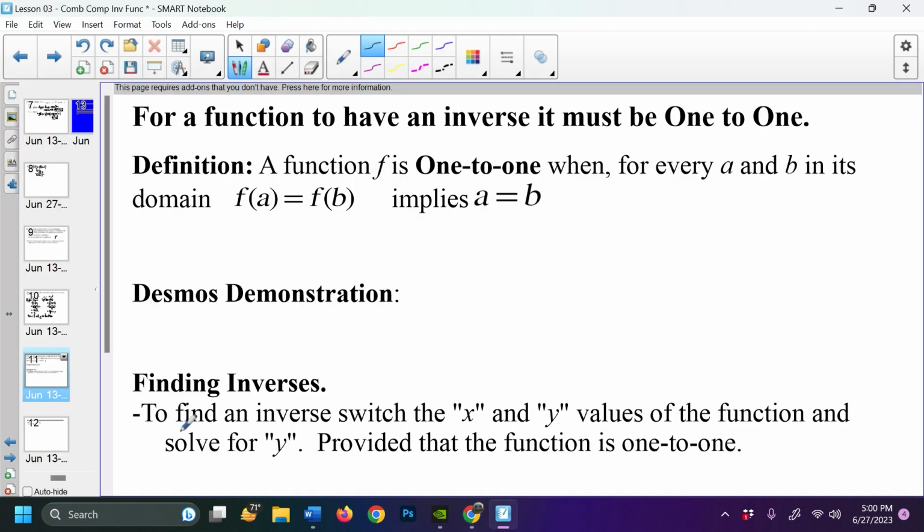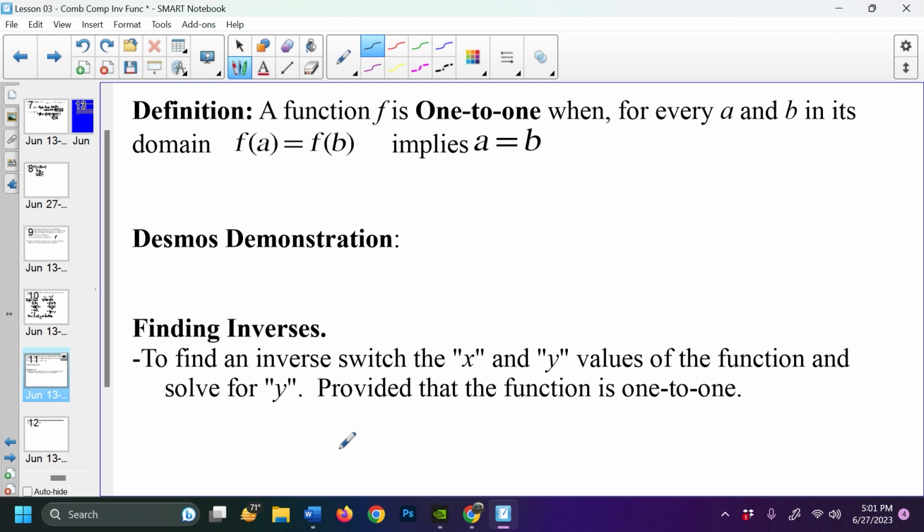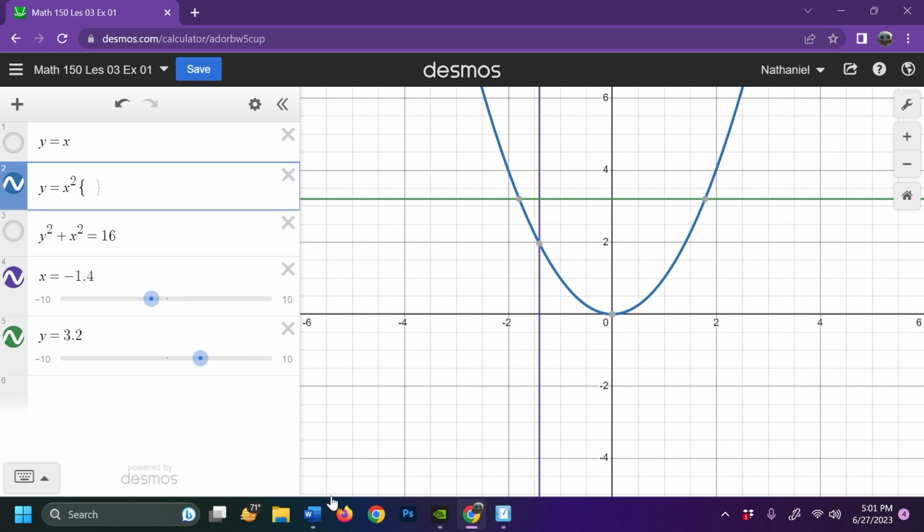To find an inverse, you're going to essentially switch the x and y values of the function and solve for y, provided that the function is one-to-one. Now we can limit the domain so that a function is one-to-one. In Desmos, the way that we do that, remember this was our non-one-to-one function, I can limit the domain. I can come up here and put this expression with the brackets, x is greater than 0.